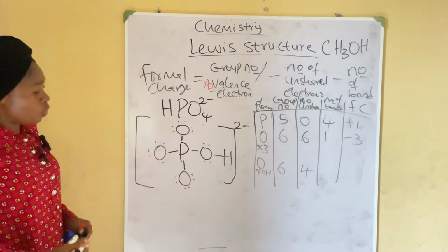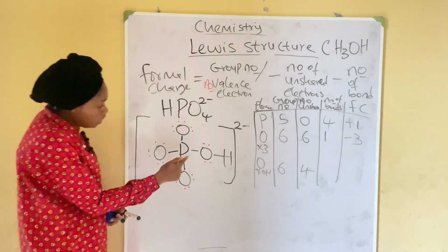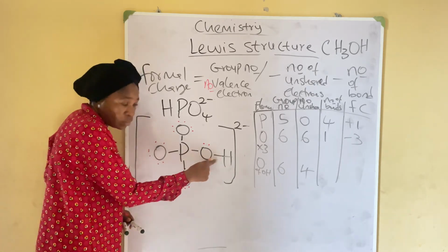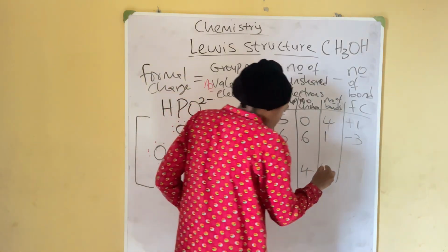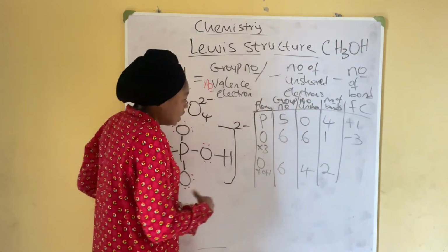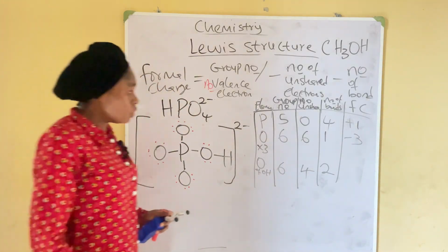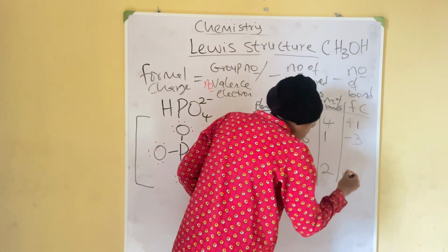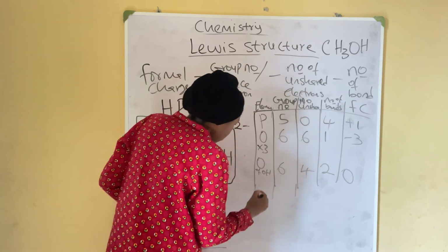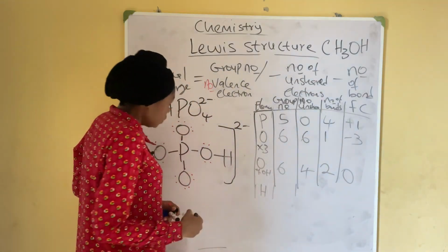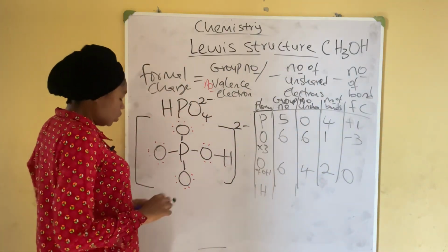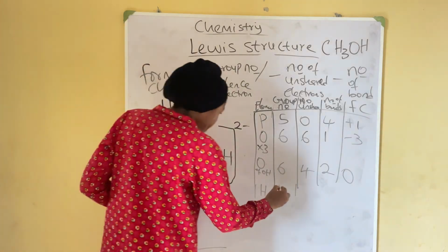How many bonds does it have? You can see this bond, 1, 2. It has 2. Let's compare the formal charge. 6 minus 4 is what? 2. 2 minus 2 gives us 0. So let's do this for the hydrogen atom. Group number of hydrogen: hydrogen is found in what? Group 1.